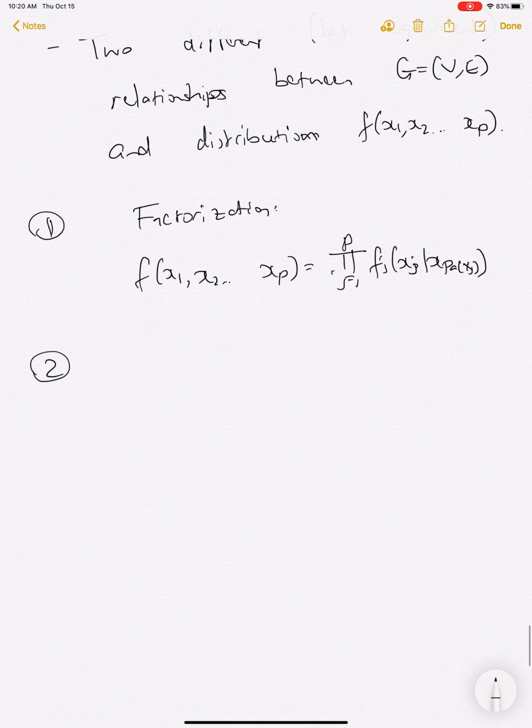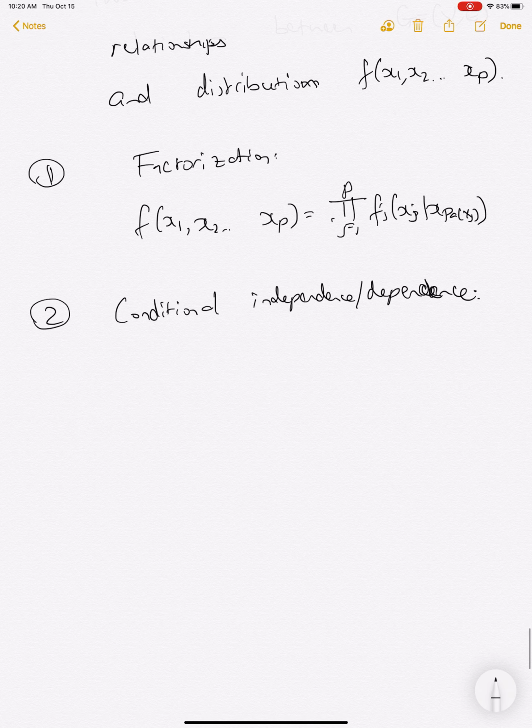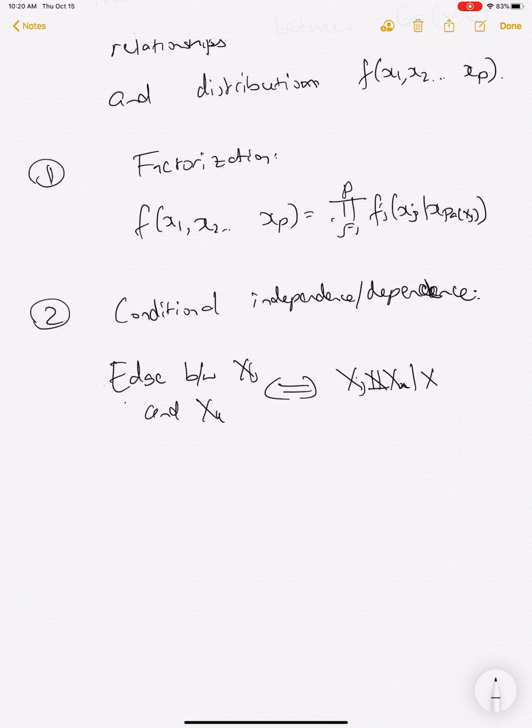and the second one is this conditional independence/dependence, which just asserts that there's an edge between xj and xk if and only if xj is dependent on xk given the parents of xj and the parents of xk, but not the points xj, xk themselves.